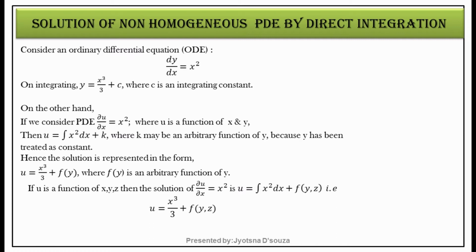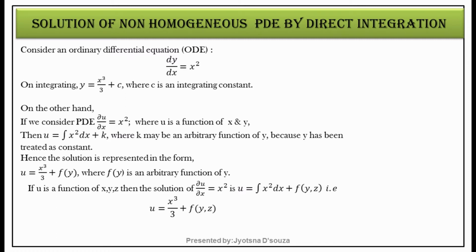But in a PDE, or in partial derivatives, when you are performing integration, the integrating constant will become an arbitrary function or integrating function. So that is the main point which you need to remember when you are applying integration to a PDE or partial derivatives. Let us see in detail.